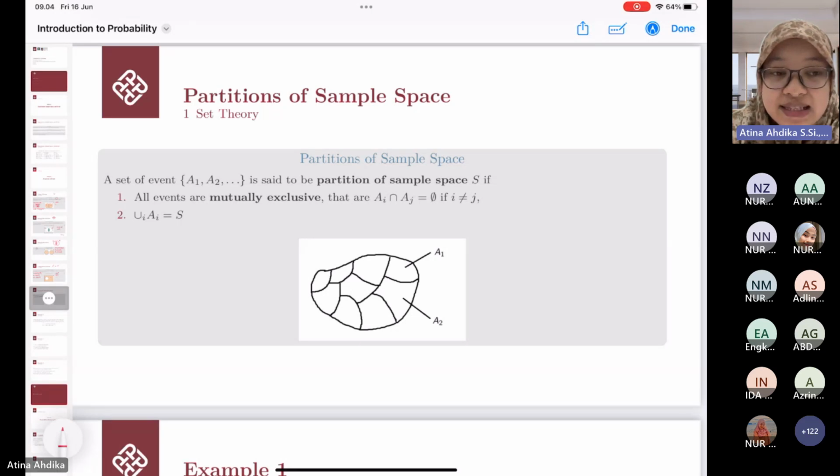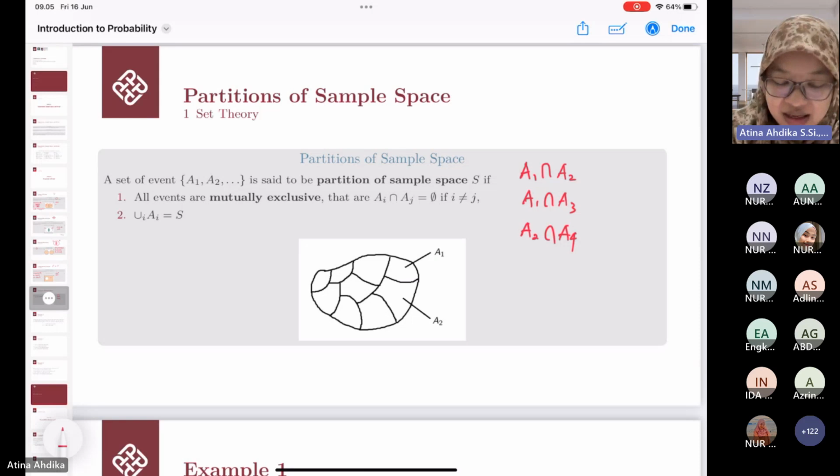The first property is that all of the events are mutually exclusive. So there is no intersection between A1 and A2, A1 and A3, A2 and A4, and all of these events have no intersection.